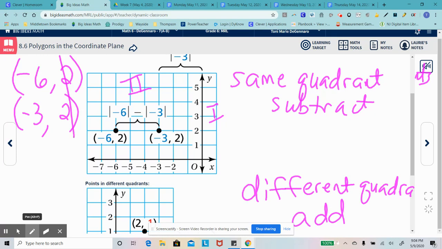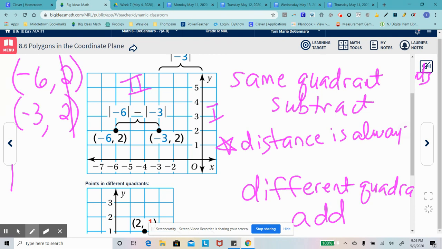You're going to take the other 2 integers and subtract. But be careful. You want to take the lesser absolute value from the greater absolute value because you're finding distance. And I want to put a little asterisk here: distance is always positive. You will never have a negative number when you're talking about distance, okay?